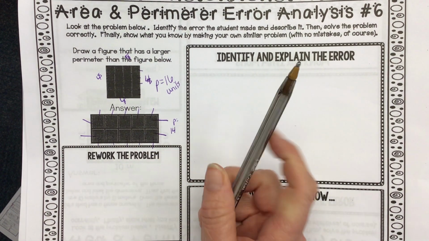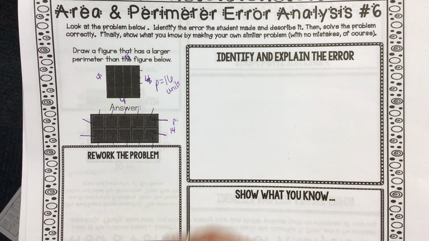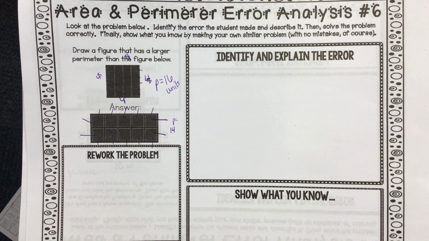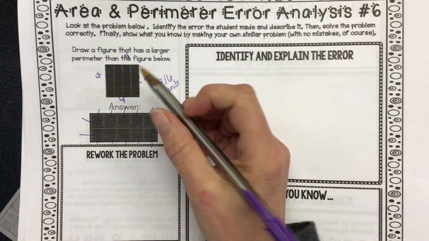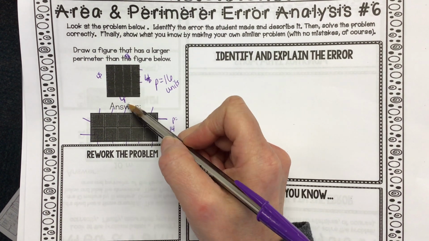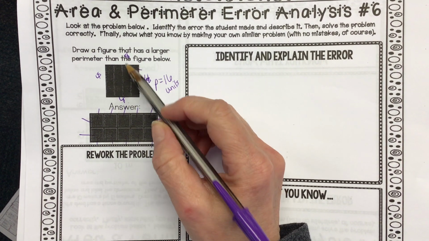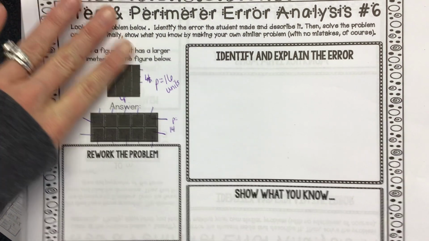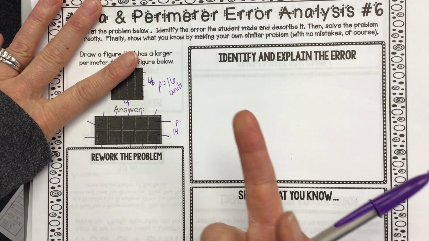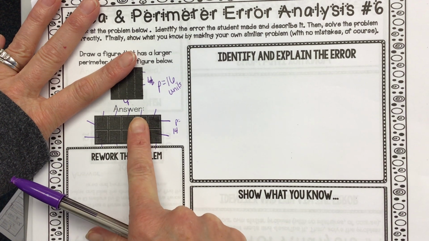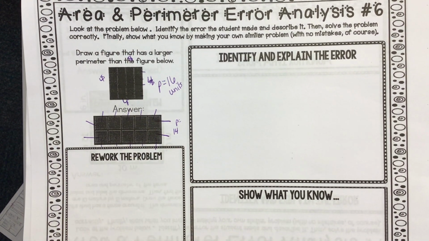What did you think, Lane? I think she did not double the sum of the added 2 sides to account for all 4 sides. Okay, so they could have thought that the perimeter was just 8. Okay, and so then their perimeter would be bigger. Okay, yes, Carter.